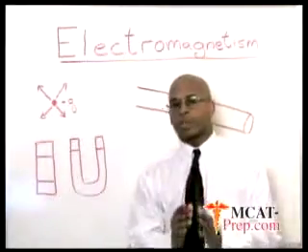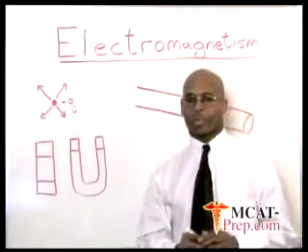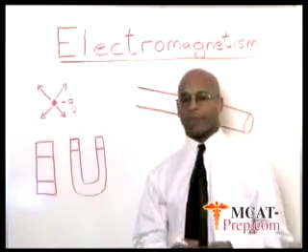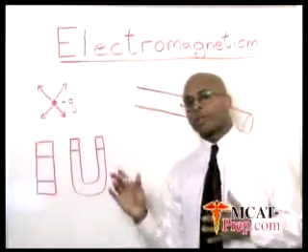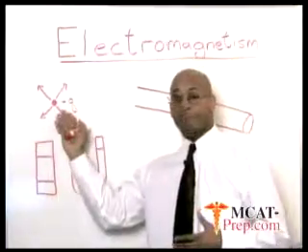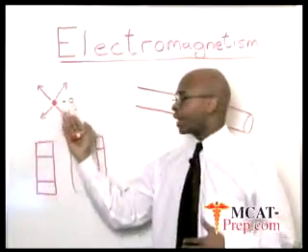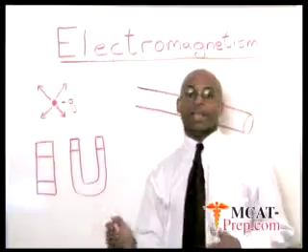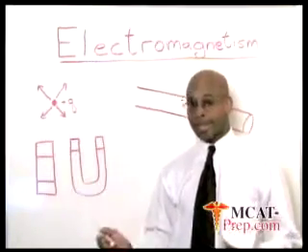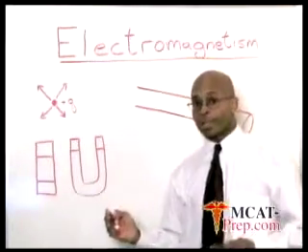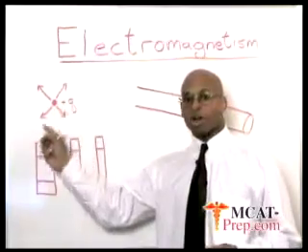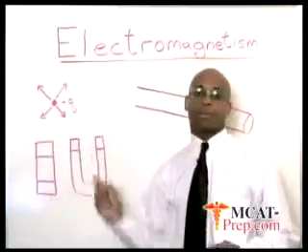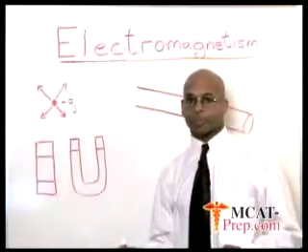Now let's look at each part individually just for a moment, and then we'll put the story together. So in terms of looking at, for example, a charge, here we have a charge plus Q, and it is surrounded by electric field lines. The rule is that electric field lines are always drawn away from a positive charge.